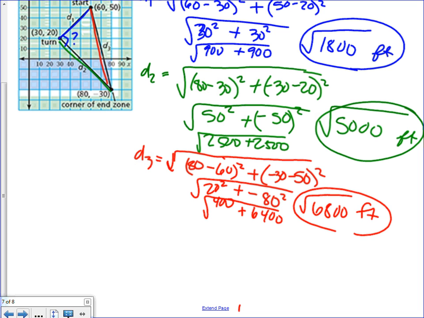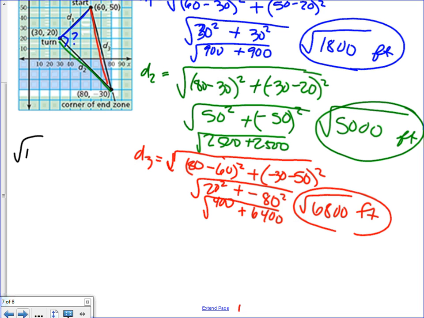And what we need to do now that we have those three distances is to see, using the converse of the Pythagorean theorem, whether that actually forms a right angle. Okay, so doing that, we are actually given that a squared would be either the square root of 1800 or the square root of 5,000.